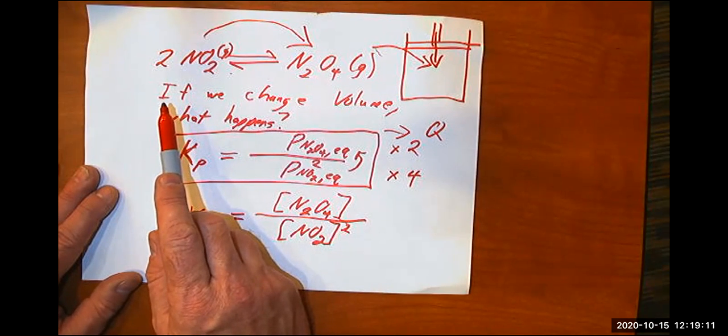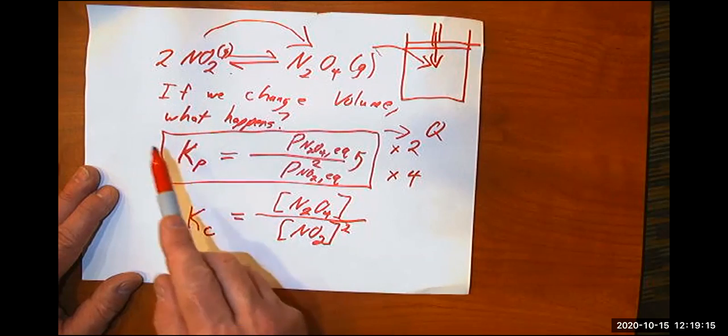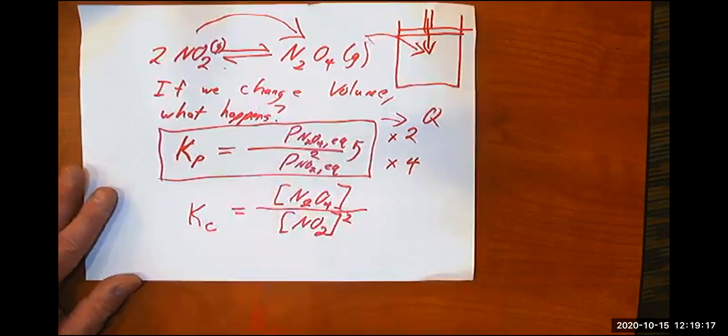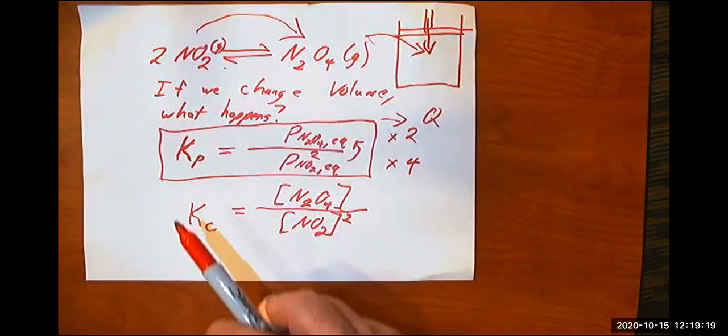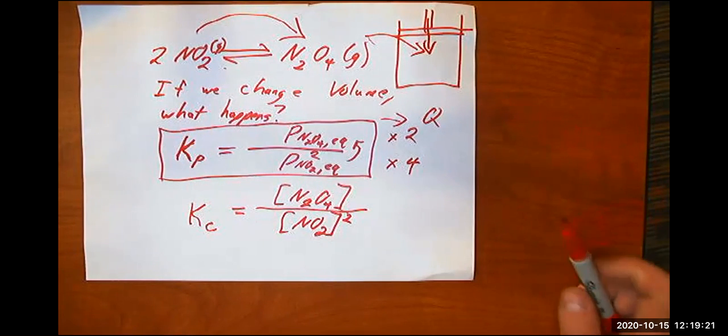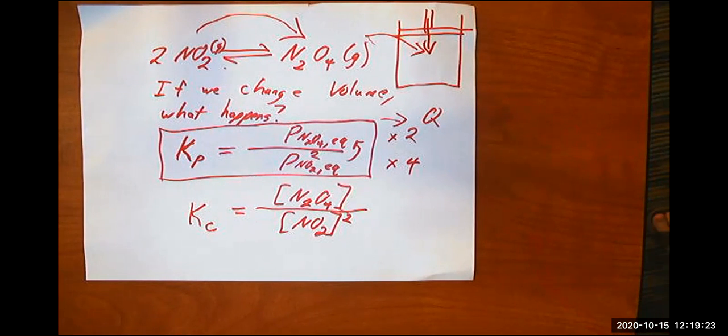And so Le Chatelier's principle says we will shift in the direction to reduce that effect, meaning we'll shift from the side that has more gas towards the side that has less gas.